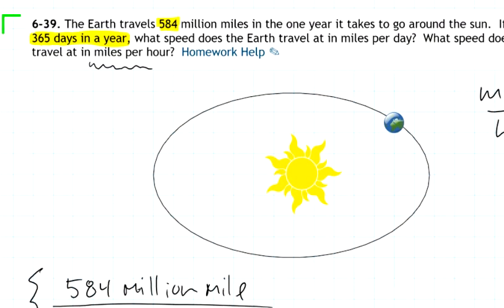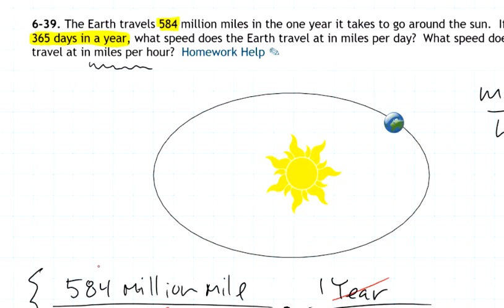So one of the things I could do is multiply this by a giant one in the form of 1 year contains 365 days. What's nice about that is you can see already the units years are going to cancel, and now I've got this converted into 584 million miles per day once I do the division.